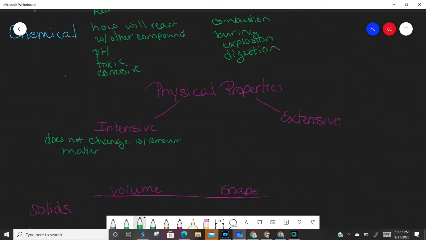What this means is if I have a pile of feathers and I take away half of them, the mass has changed. So mass is not an intensive property. Density is, because the density is not going to change. The volume may change, the mass may change, but that proportion stays the same. So density is always an intensive property.